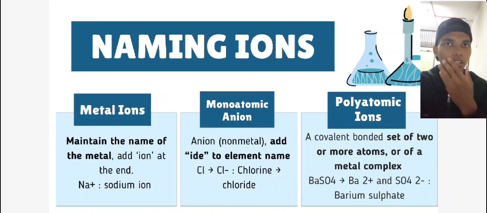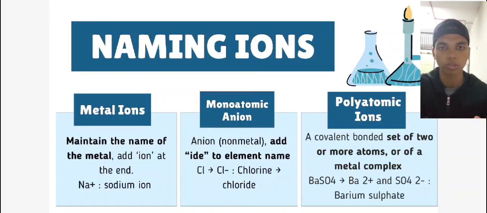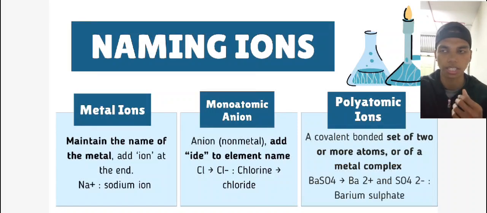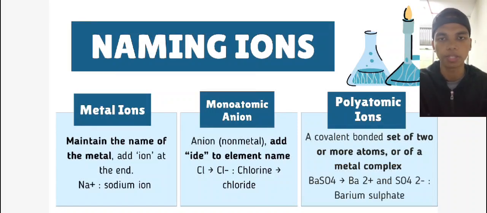ions. And polyatomic ions are a covalently bonded set of two or more atoms, just as you can see in the picture below. I will take an example: BaSO4, where you can see two different groups in one compound.